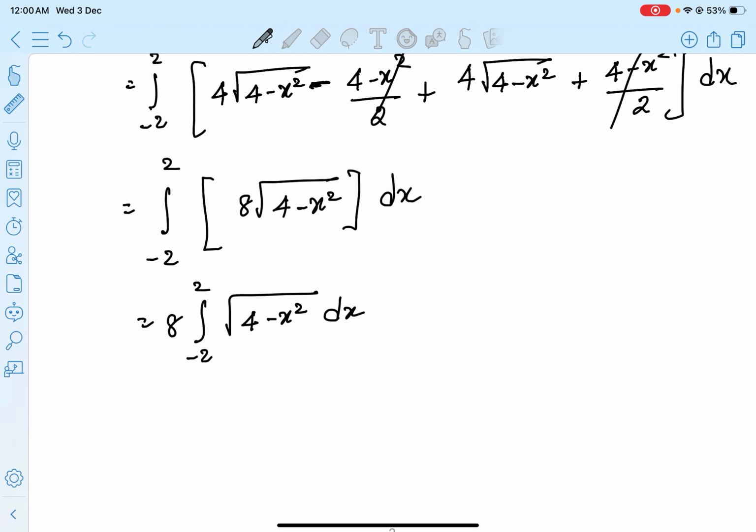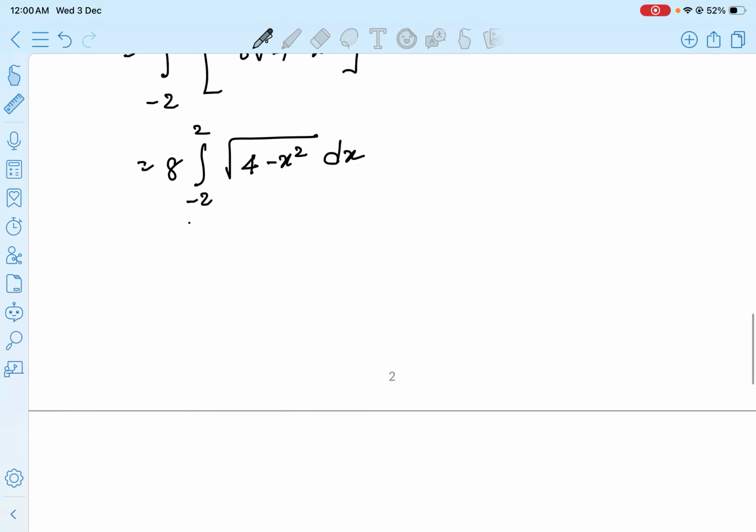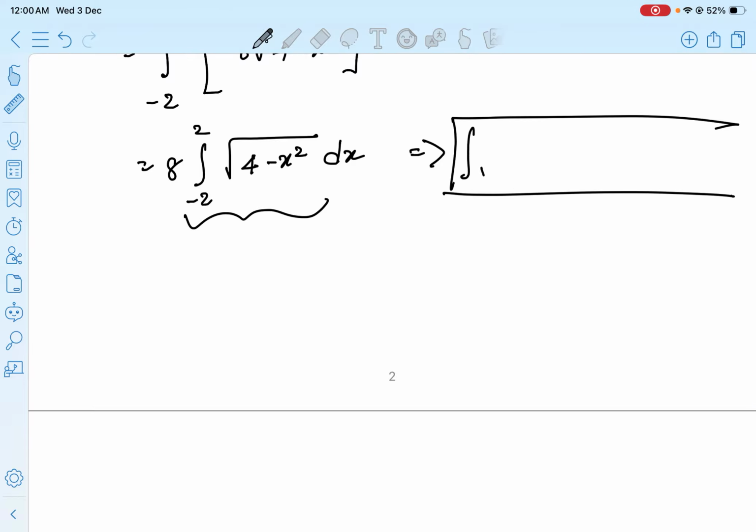Now we have one important step. We are going to change this integral, root 4 minus x square, like this. We have one standard formula, integral root of a square minus x square into dx.